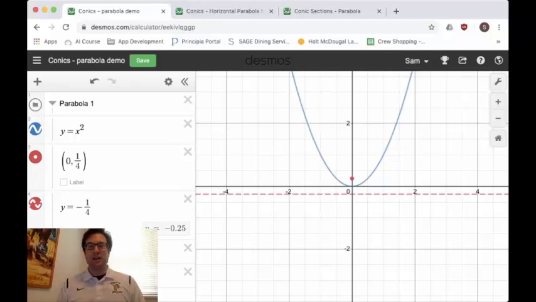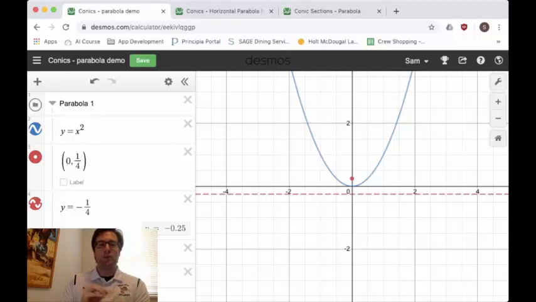Okay. And so what that means is that for this parabola, and I'll get to in a little bit why its focus is at this particular point and its directrix is this particular line.